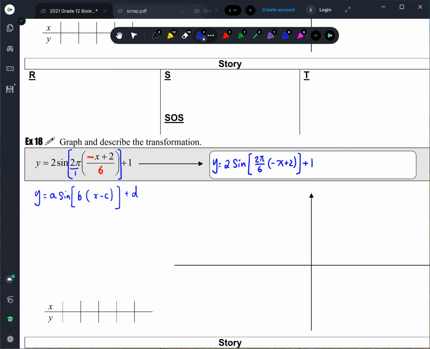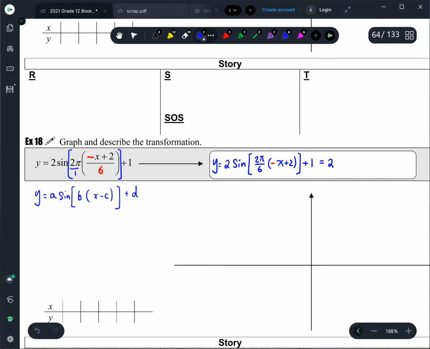Now the next thing we want to deal with is the negative. We still have a negative, but in the form that we want, you cannot have a negative with x. So we need to pull it out as well, factor. We factor the negative from the smaller bracket, and then make it go to the 2 pi over 6.